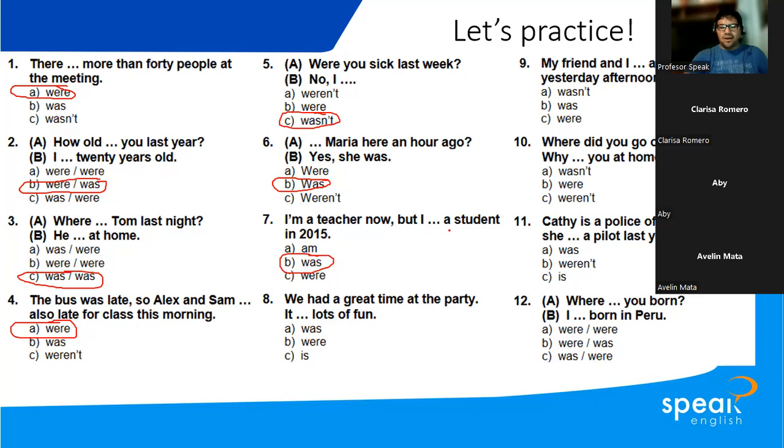Okay. We had a great time at the party. It was lots of fun. Good, good. The next one says, my friend and I were at the library yesterday afternoon. Okay.